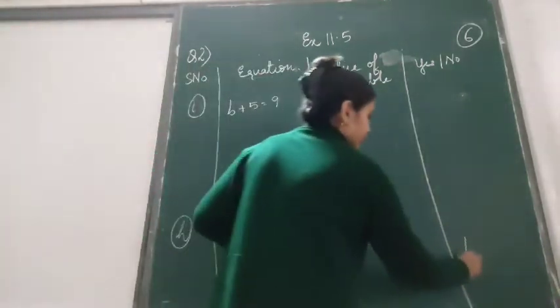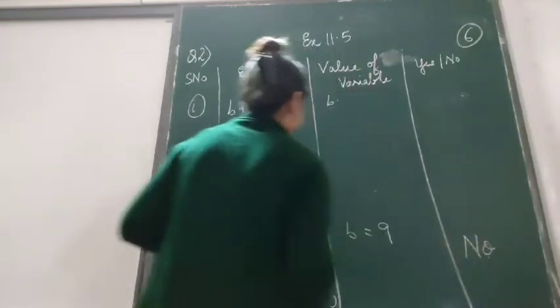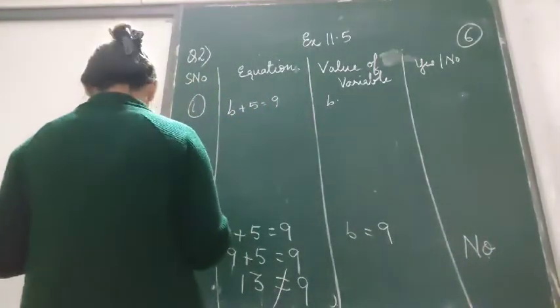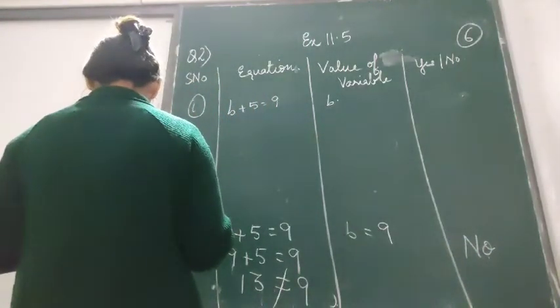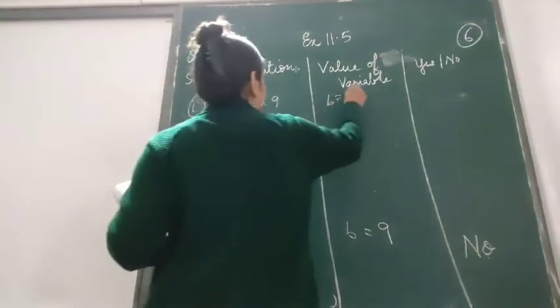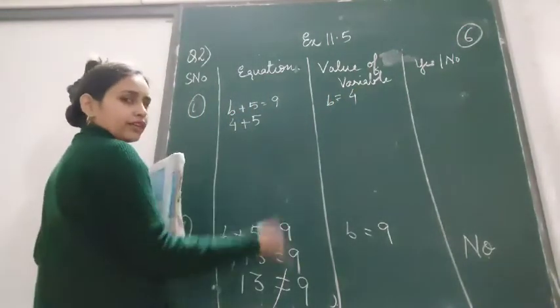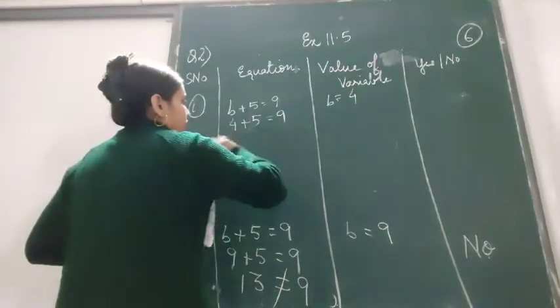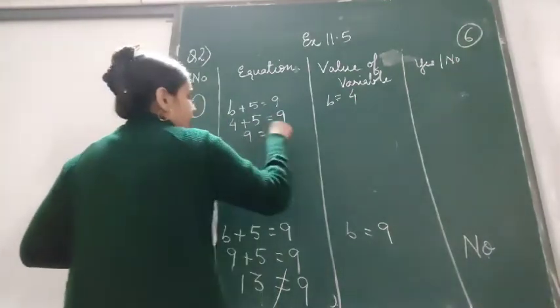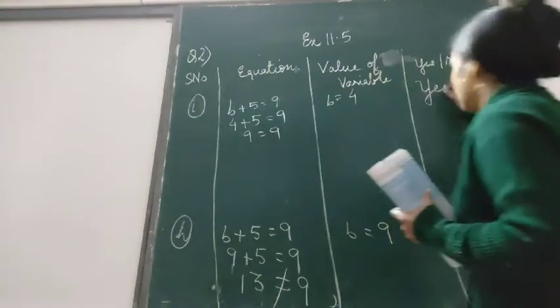No. Now we start I. B plus 5 is equal to 9 and B is equal to 4. So putting the value of 4, children, this we have done already, so it's the repeated part. 9 is equal to 9, so answer is yes.